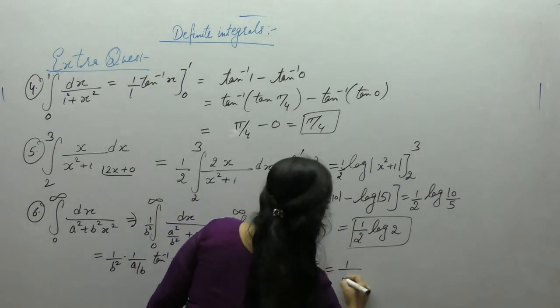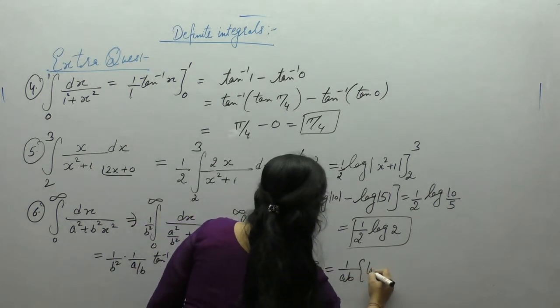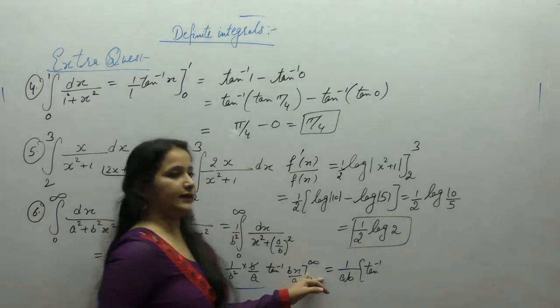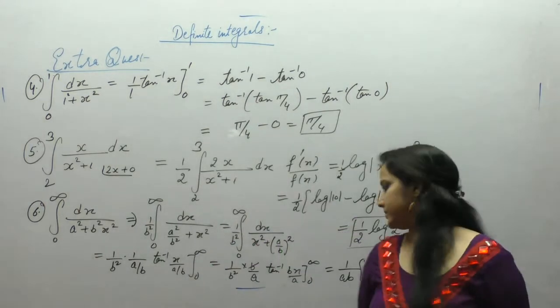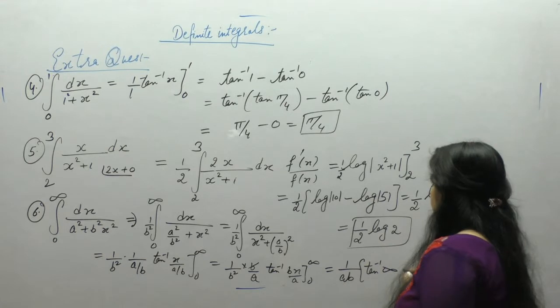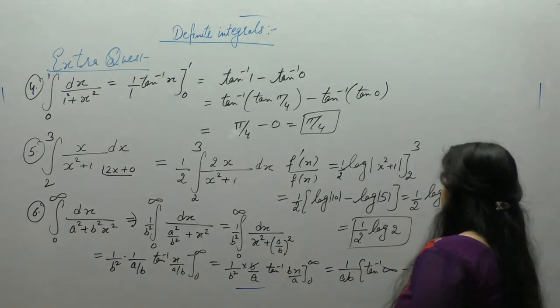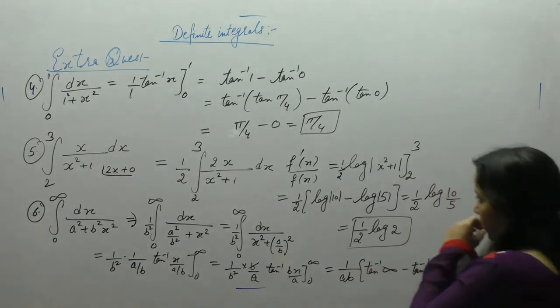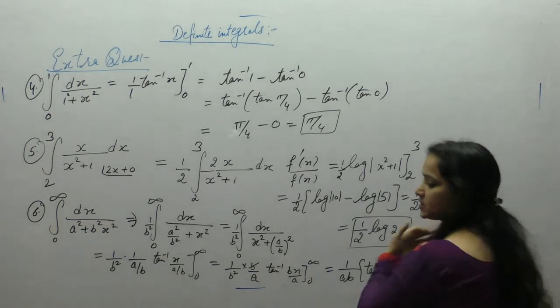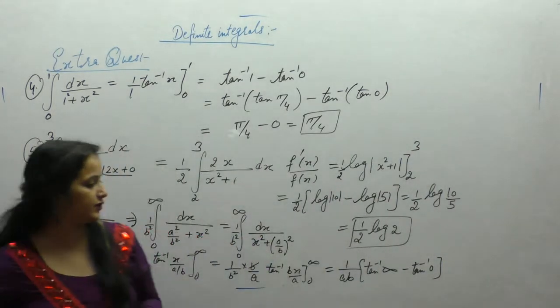1 upon b square, b upon a tan inverse bx upon a. 1 upon AB, put the limits now. Tan inverse infinity into something becomes infinity, minus 0 into something is 0. For which value of tan do we get infinity?